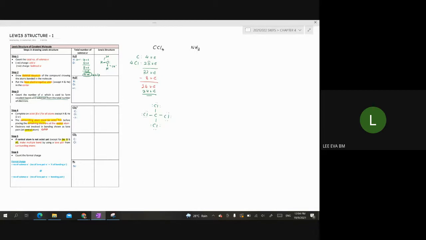Okay, try one more example for NH3. Nitrogen, how many valence electron? Nitrogen, how many valence electron, Irfan? Saya tak ingat. Tak ingat, tadi dah mention banyak kali. 7?